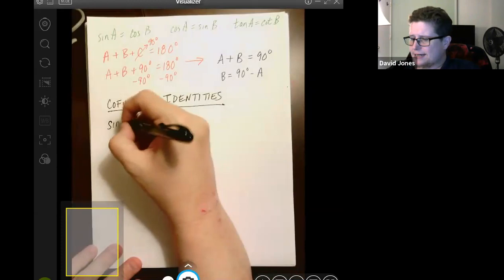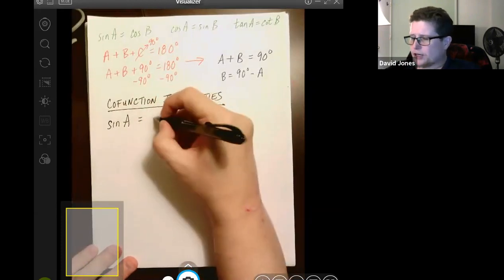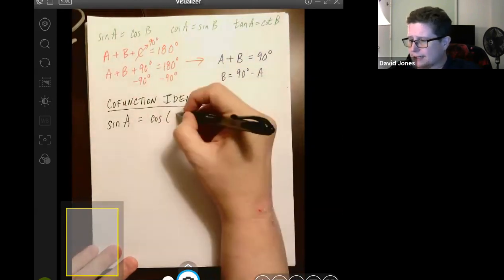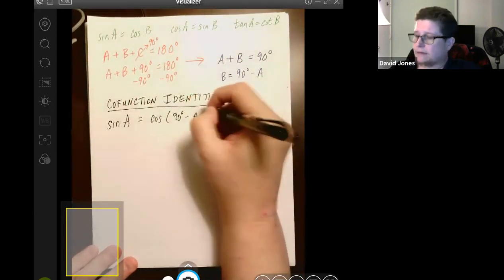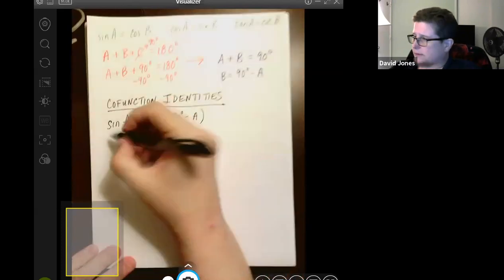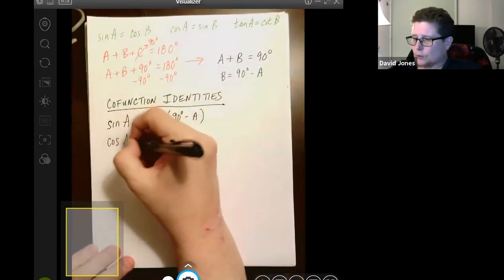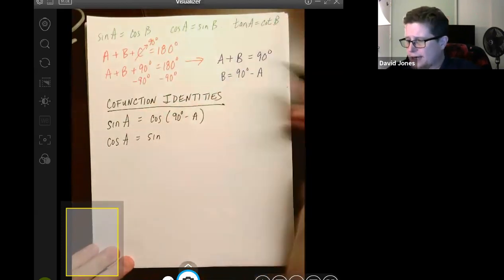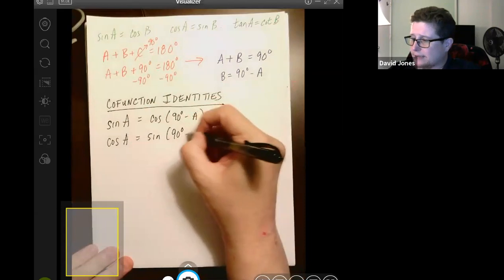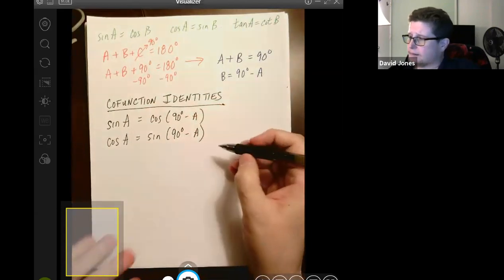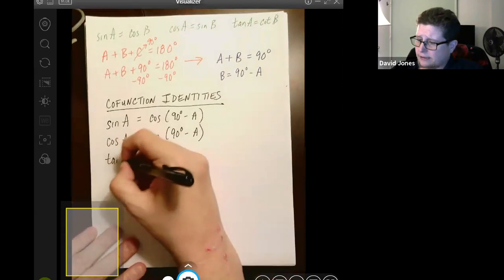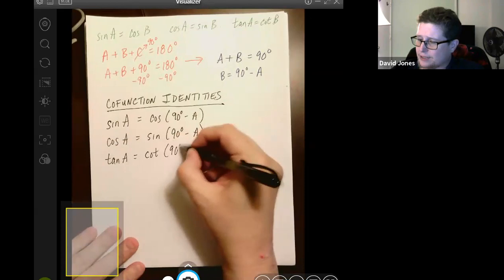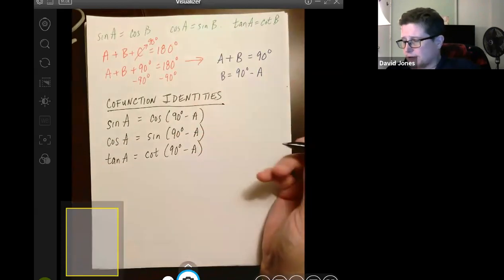The sine of A is equal to cosine of B, but B is 90 minus A. Cosine of A equals sine of B, but B again is 90 degrees minus A. Tangent A equals cotangent of B, which is 90 degrees minus A. Those are our base three.